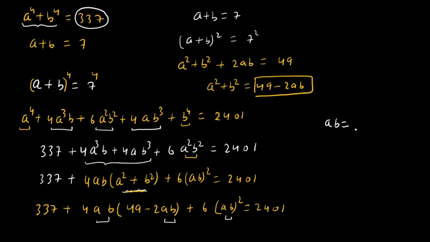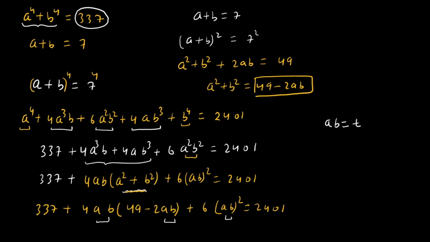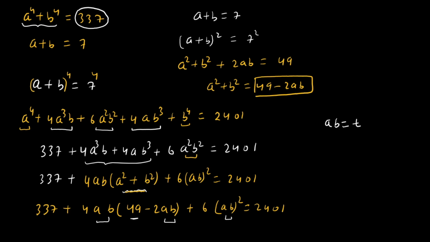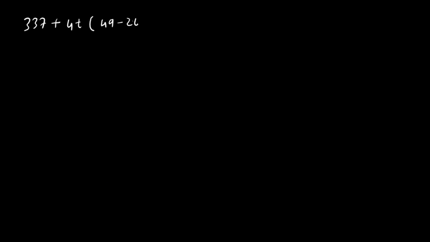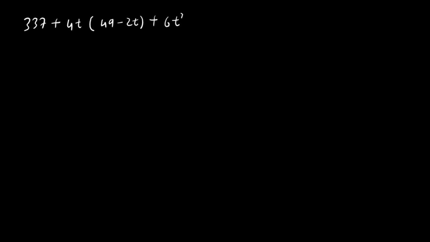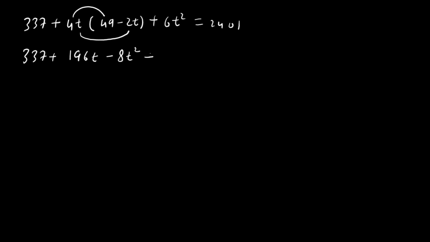If we substitute a times b equals t, then 337 plus 4t multiplied by (49 minus 2t) plus 6 times t square equals 2401. Now 337 plus 4t multiplied by 49 gives 196t, and 4t multiplied by minus 2t gives minus 8t square, and plus 6t square, this equals 2401.